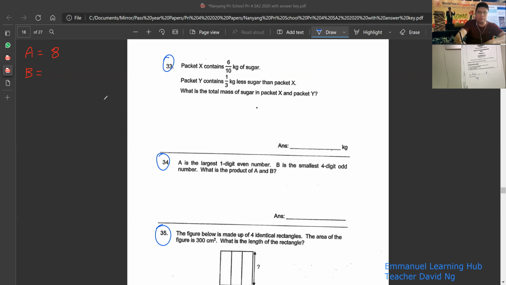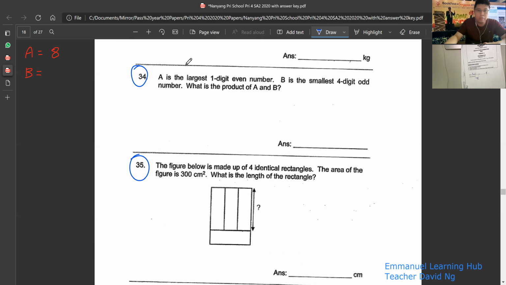Is it 1 or 4 digits? 9991. No, smallest. Smallest, it won't be 9. 1111. Smallest.